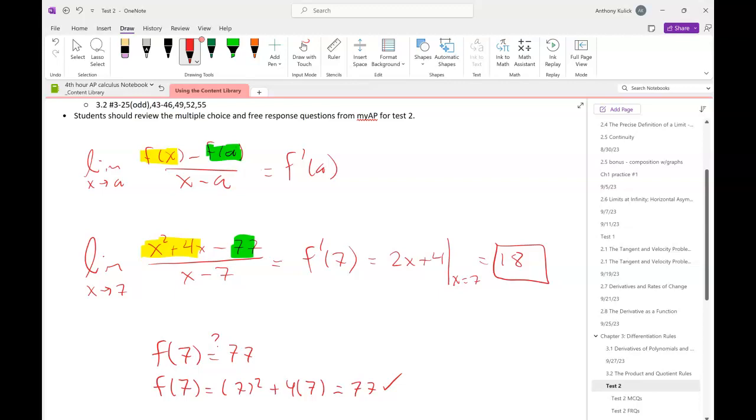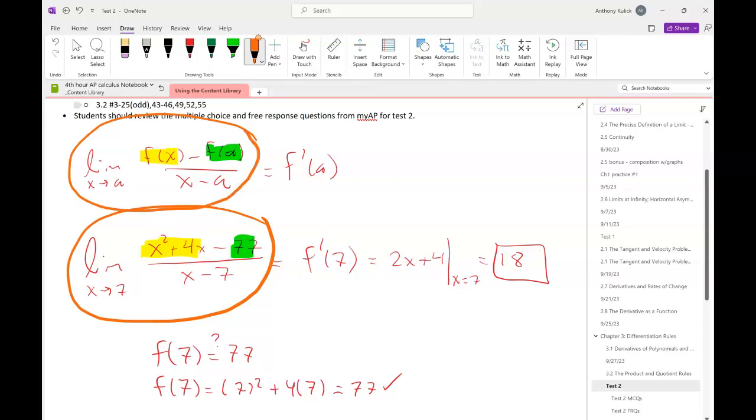So what I did was, rather than trying to evaluate this limit directly, if I tried direct substitution, you're going to get indeterminate 0 over 0. I recognize that, hey, that's in the form of a definition of a derivative, right? It looks like this. To check if f of x is x squared plus 4, is f of 7 just 7 plugged into f?